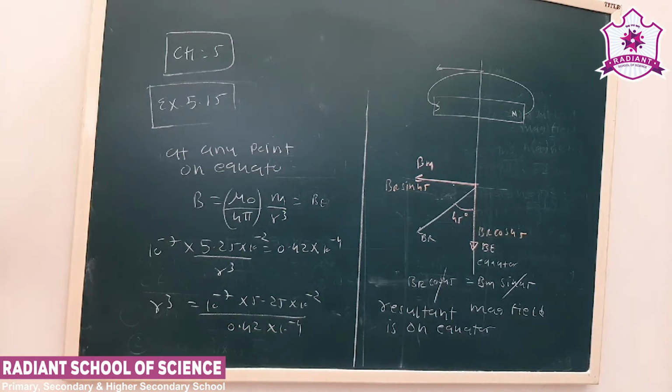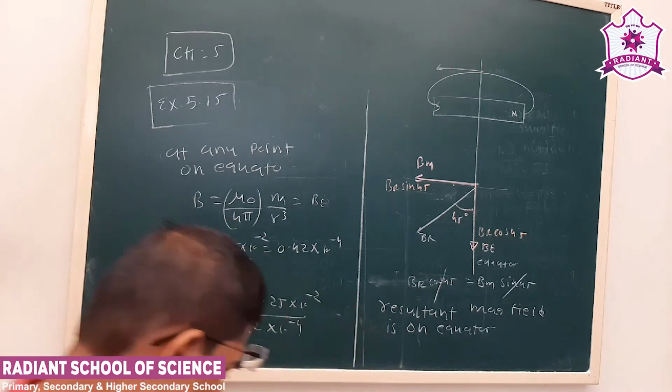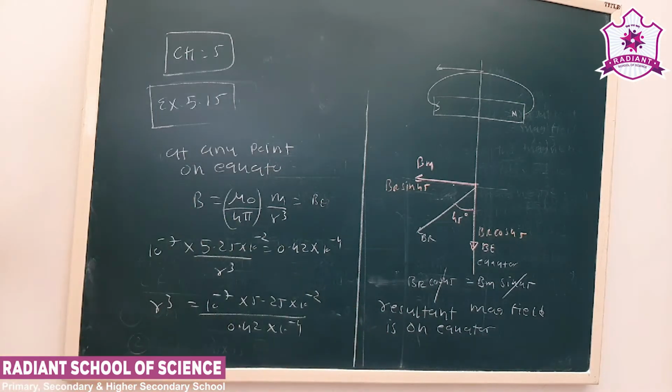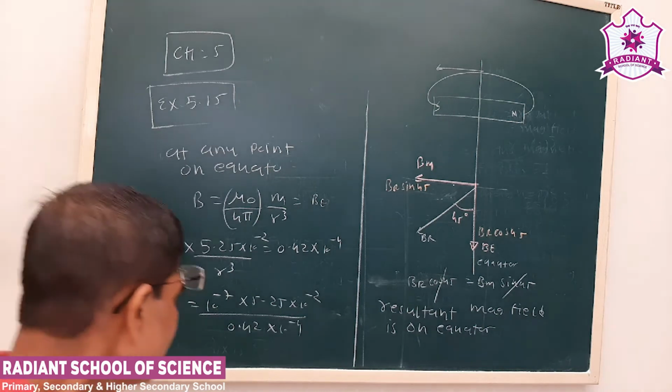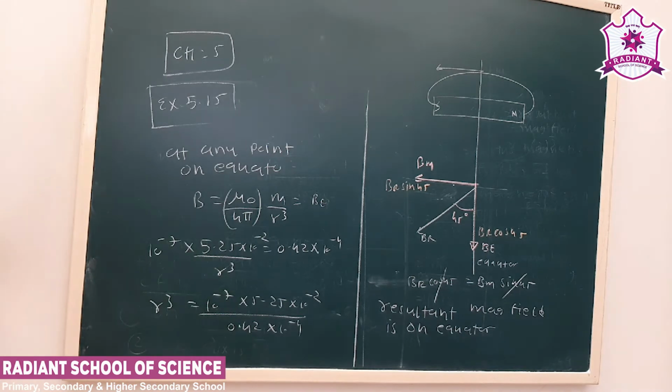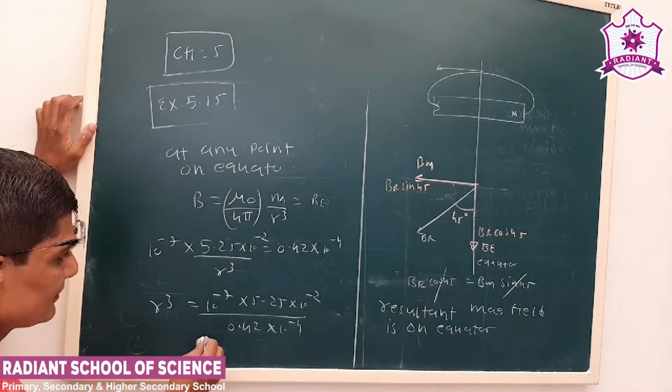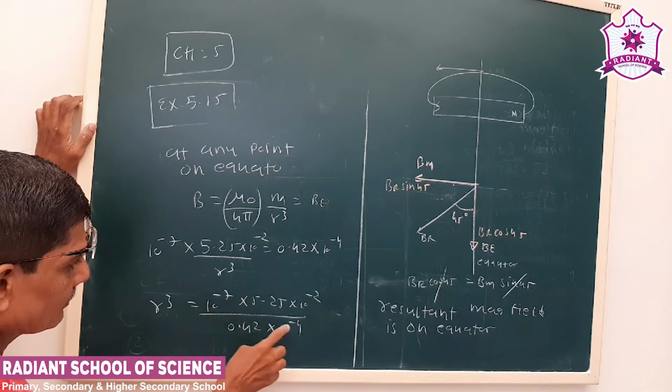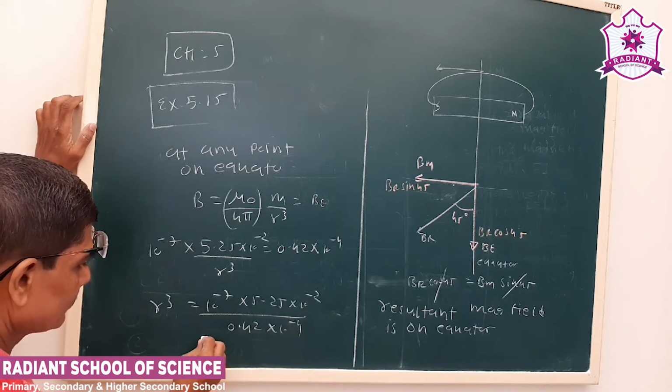So this we can solve. Okay, so that will be minus 7 minus 6, 9 minus 5.